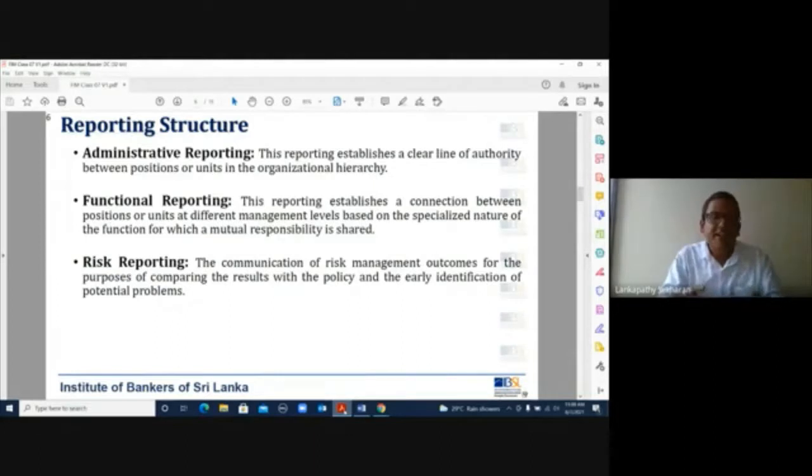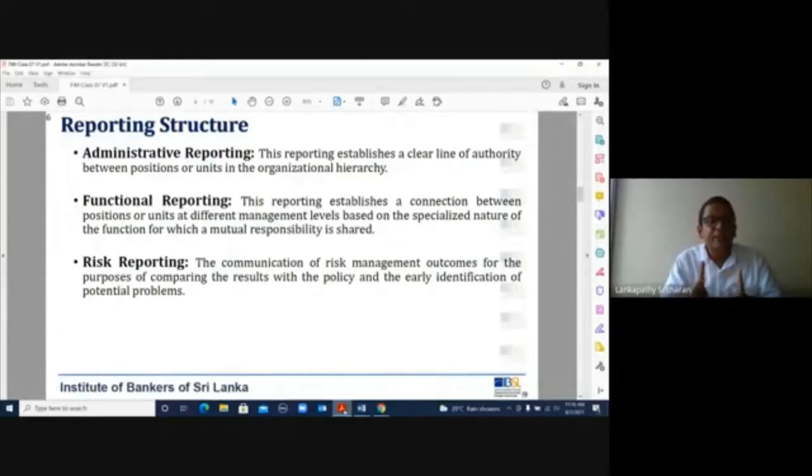For example, in every branch, there may be a risk officer. Particularly for operational risk, definitely there will be a risk officer. So if something related to risk happened, it has to be reported to the risk officer. Then that risk officer will escalate that to the centralized risk management department.